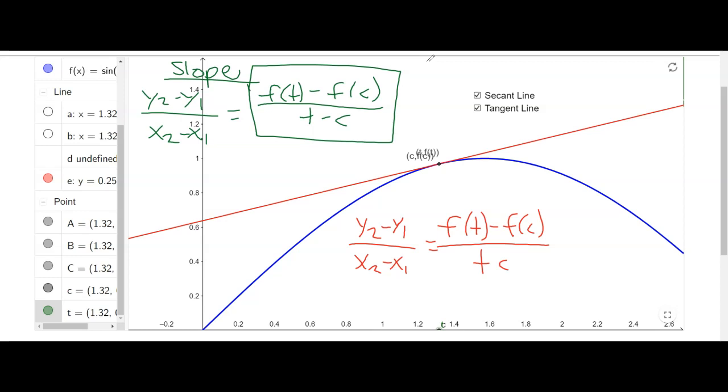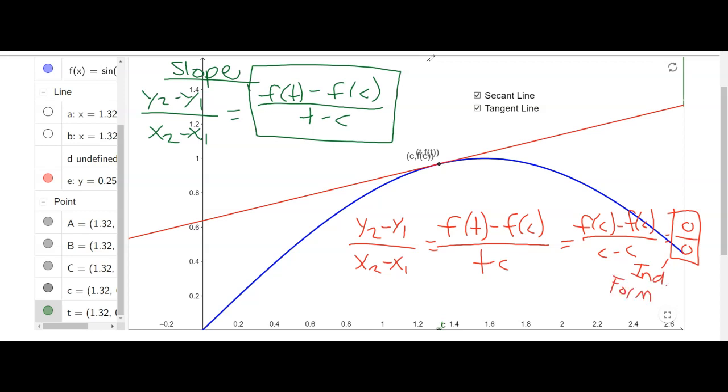But in this case, t and c are the same value, right? So if t is really c, this just becomes f of c minus f of c, and we get c minus c. And you can quickly see that this is going to give us something that isn't an answer, right? This is just an indeterminate form.